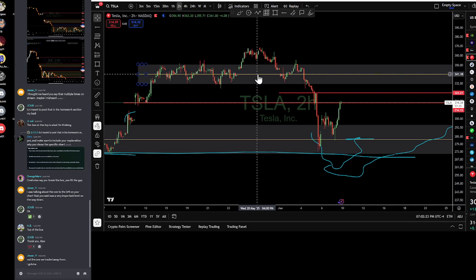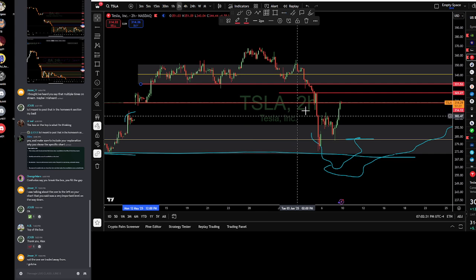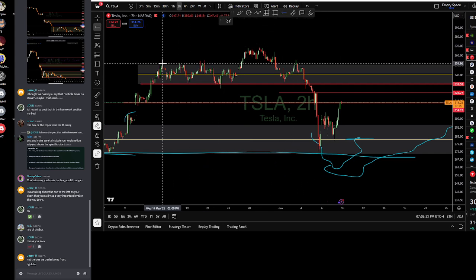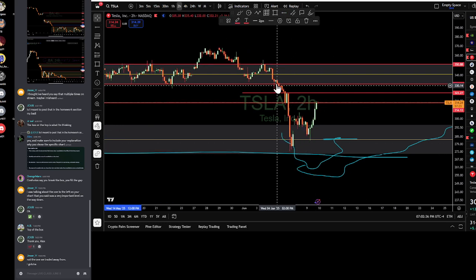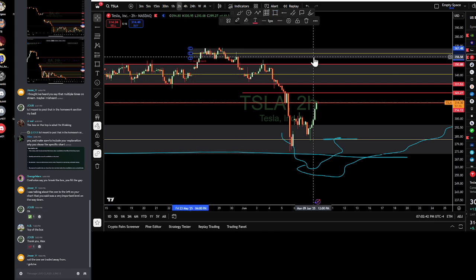Now, here's the deal. When I'm looking at price, I'm always looking at the most recent price action. So while this floor is still very much relevant, and so is this same resistance, it's the most recent price action here and here that would be the defining factors for direction on this trade. So what am I saying?